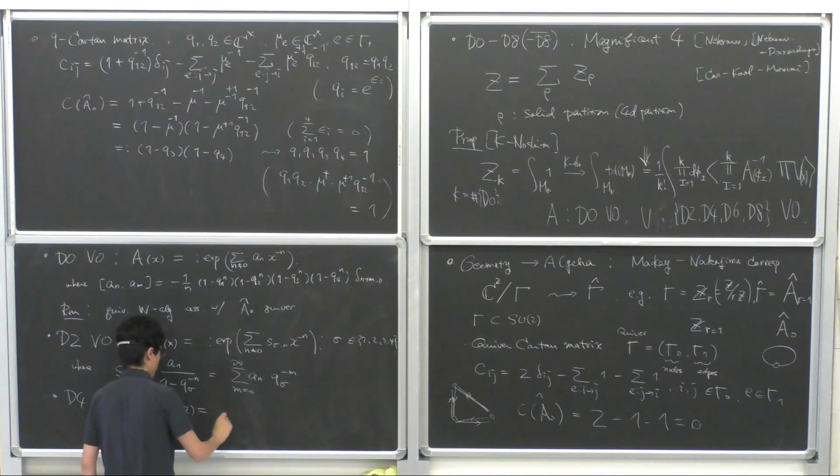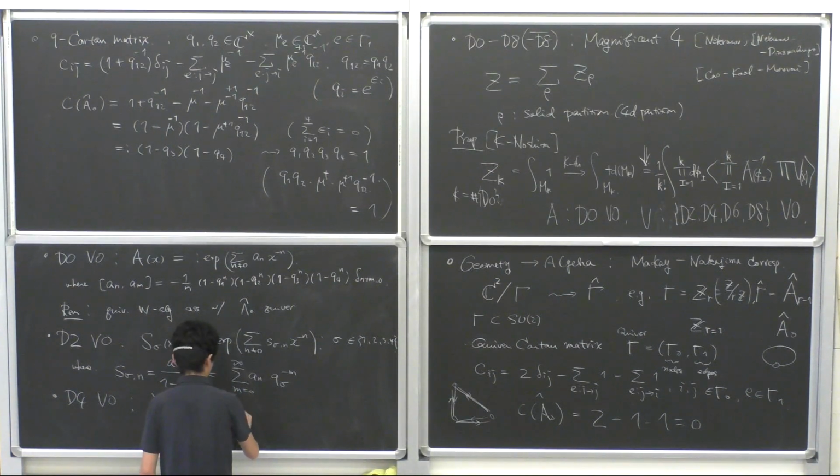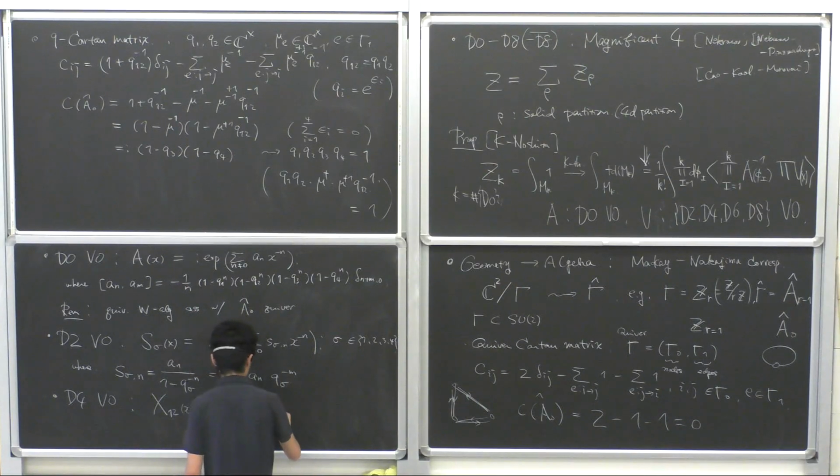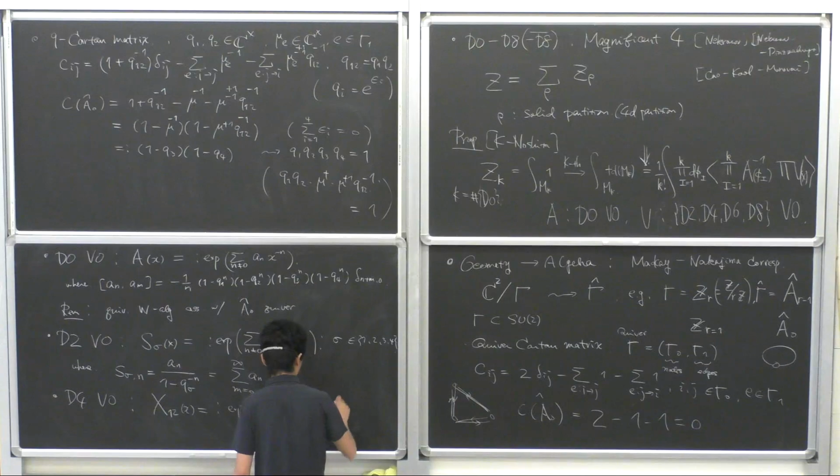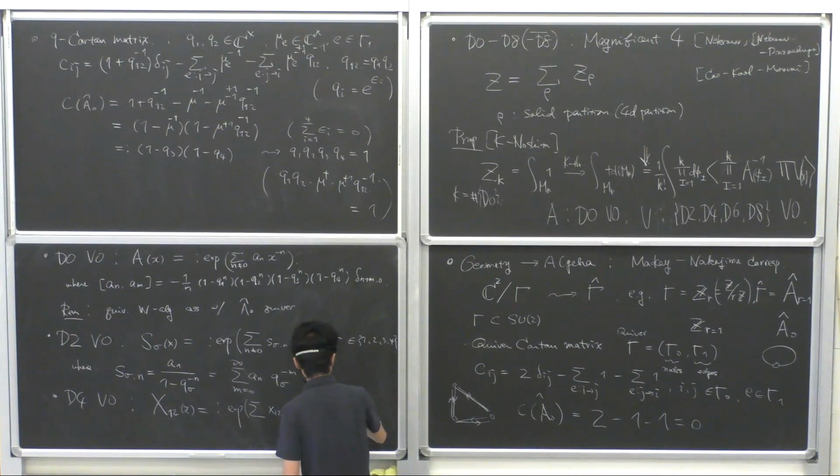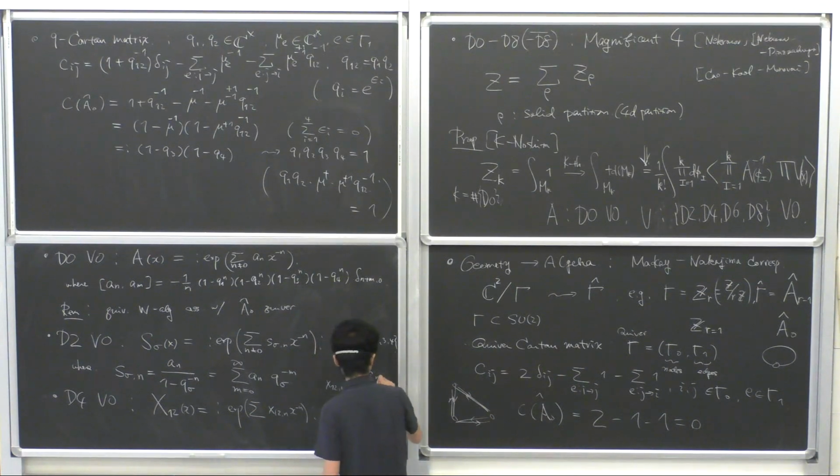So we have a similar exponential of x1 to n, which is given by a n of 1 minus q1 to the minus n, 1 minus q2 to the minus n.